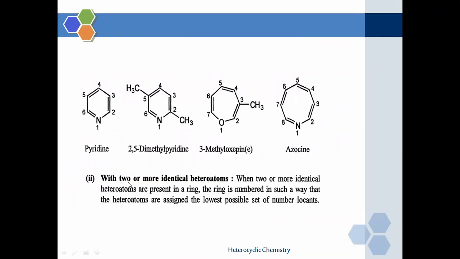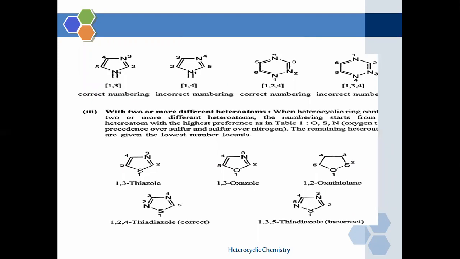Then if two or more identical heteroatoms are present in the ring, they are numbered in such a way that the heteroatoms are assigned the lowest possible set of numbers. This is rule number 2 with respect to numbering. So we have to start the numbering from the saturated nitrogen atom, which is assigned number 1, and the unsaturated one gets the least possible number, that is number 4.